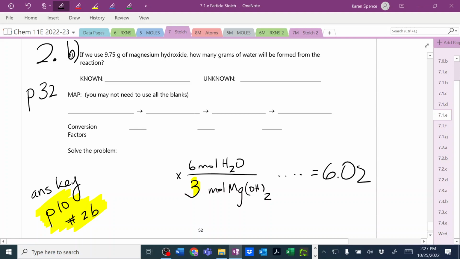There we go. That's better. Oh, it should be 0.40. Yeah, so that's page 11.